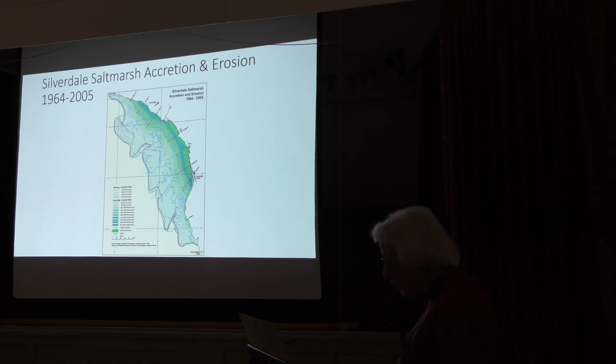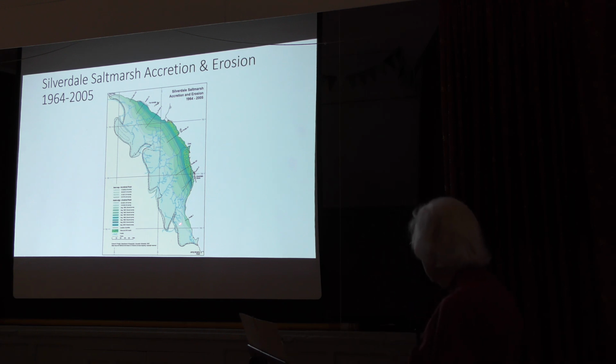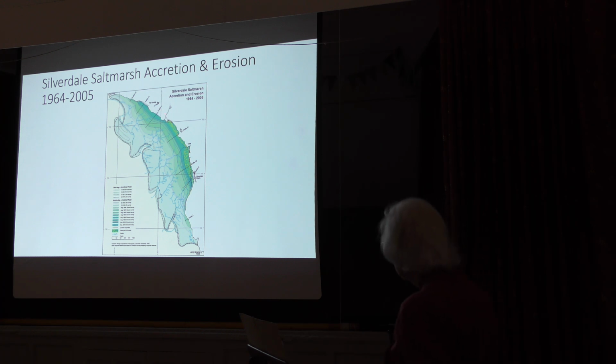I became very interested in what was going on here, and I started a project in 1984 whereby I established a number of profile lines. You can see them here. There's 1, 2, 3, I've lost 1. Sorry, 1, 2, 3, 4, 5, 6, 7.